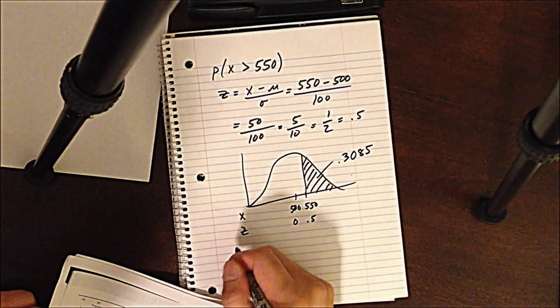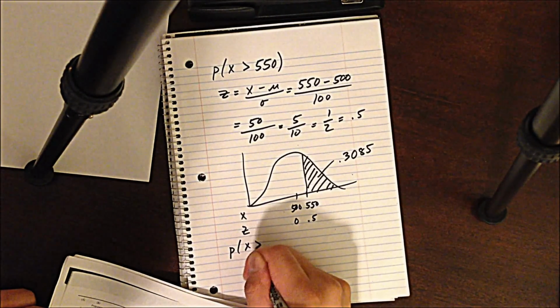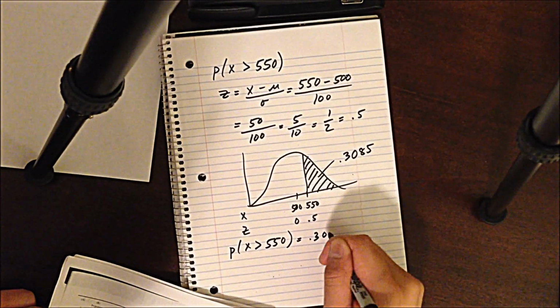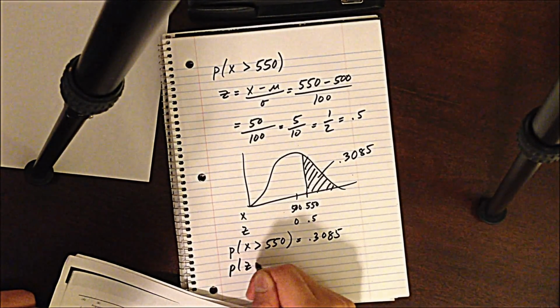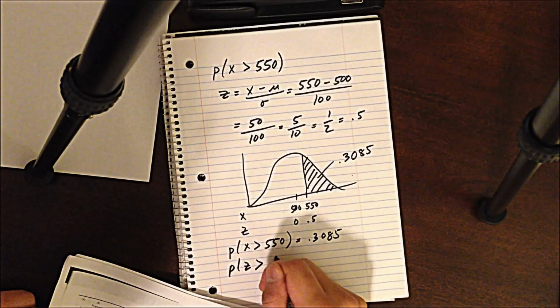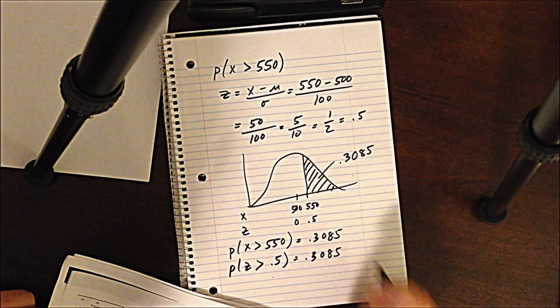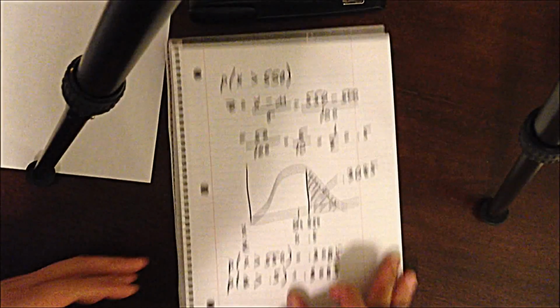Okay, so if we wrote this, it would be P of X greater than 550 equals 0.3085, or same thing. Okay? Alright, last one.